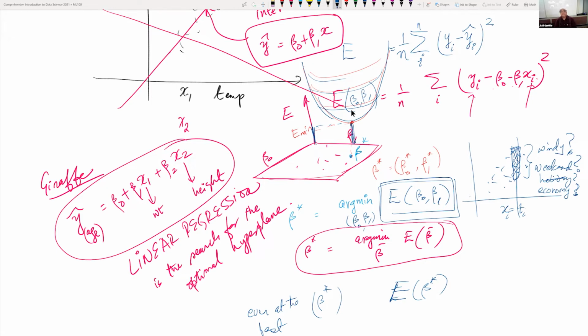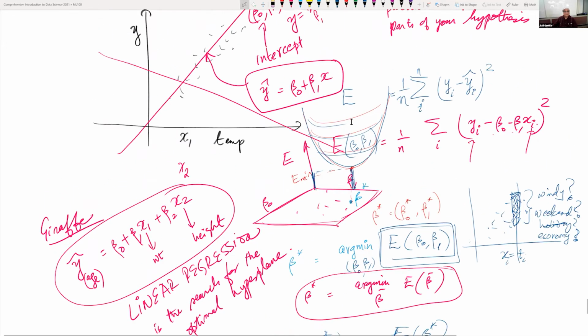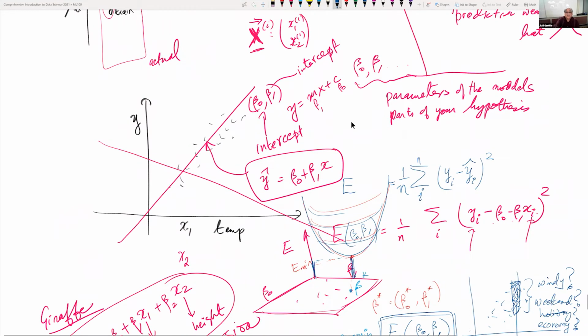But then here comes a question. Gradient descent is a method to go there. But suppose you were to forget it. How would you justify that this line, this red line, is better than, let us say, another hypothesis like this, and better than another hypothesis like this?